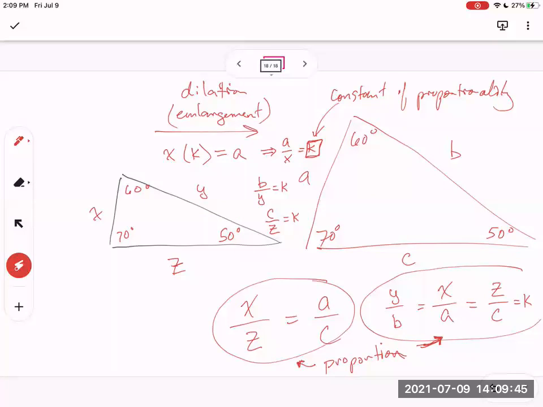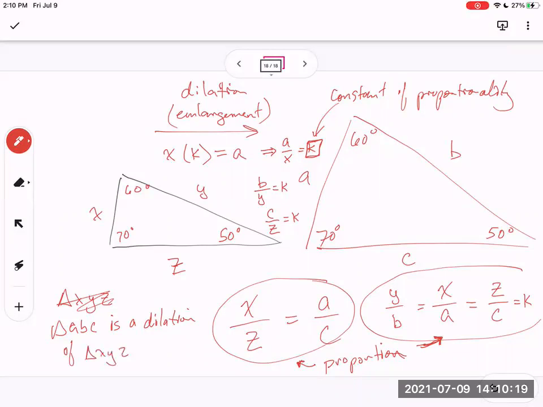So XYZ is dilated by a factor of K. Another way you can hear people talk about it is: ABC is a dilation of XYZ by a factor of K. Does that make sense? Yeah, that makes sense.